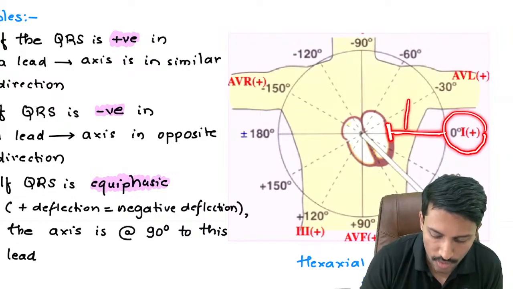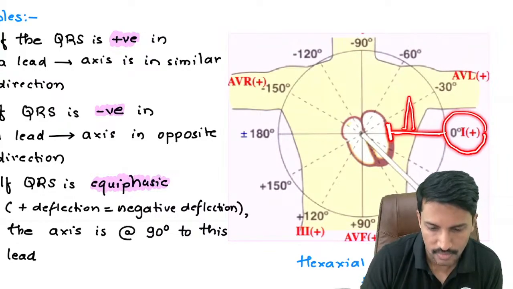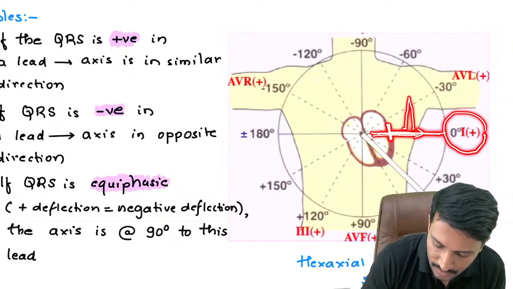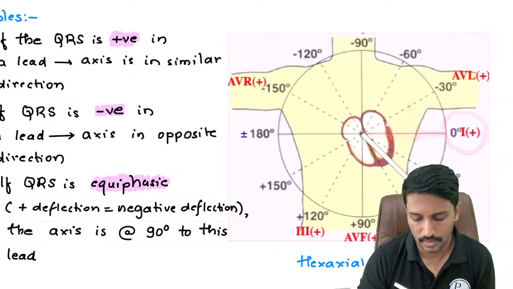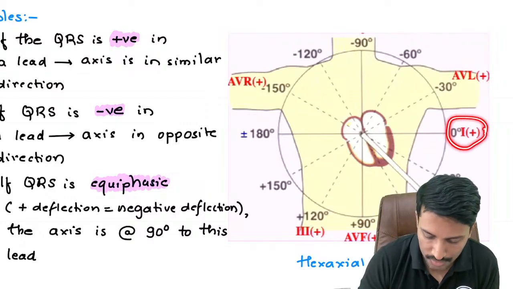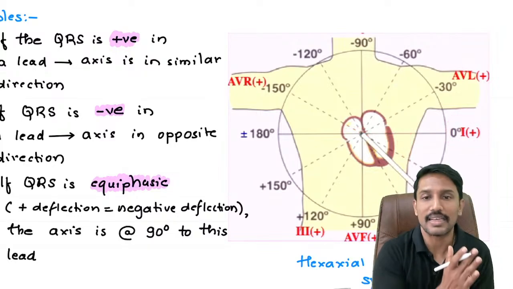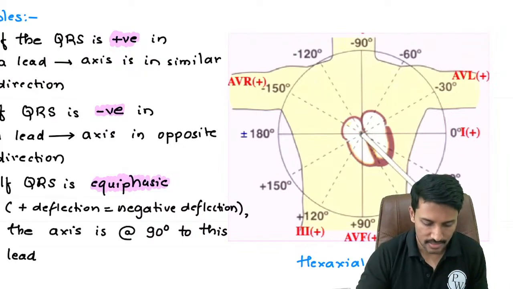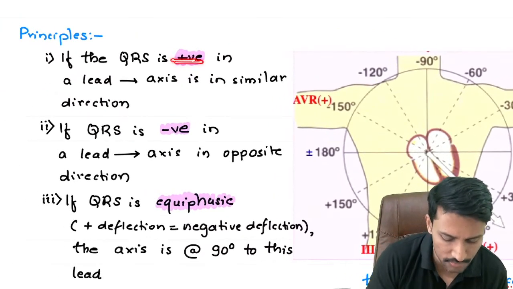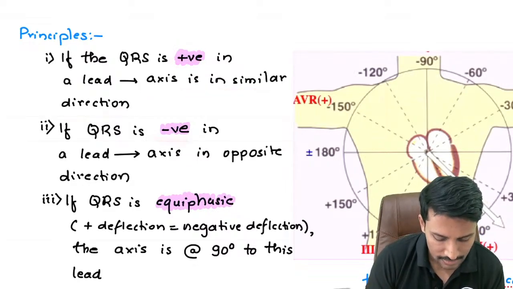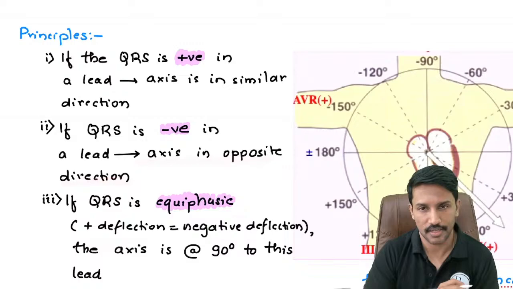If the QRS is positive in lead 1, that means the axis is directed towards lead 1. But if I notice that the QRS is negative, that means the axis is away from lead 1. That is a basic understanding. If the QRS is positive, the axis is in a similar direction. If QRS is negative, the axis is in the opposite direction.